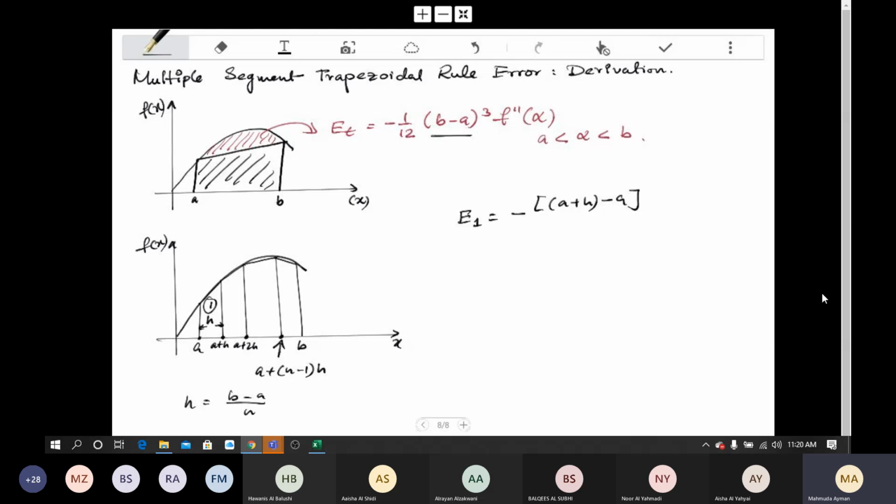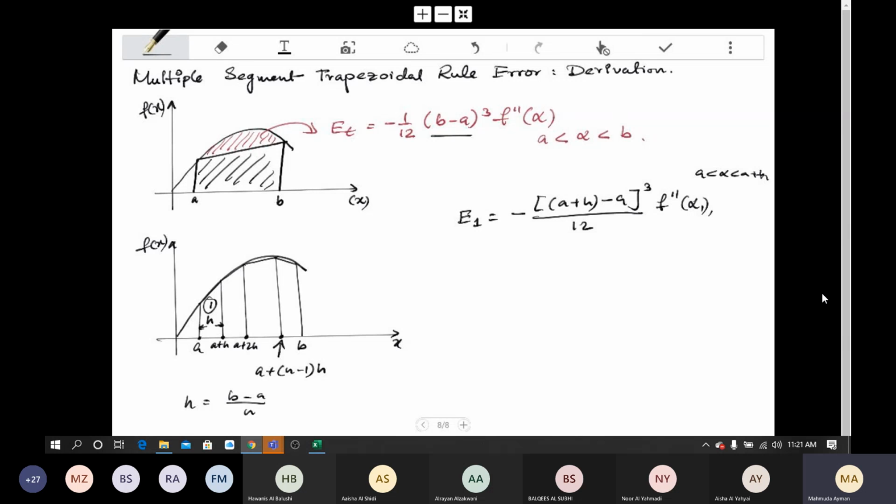So this is the upper limit and the lower limit of this particular trapezoid 1, and this is cubed divided by 12. I'm just following the formula of the single trapezoid error times the second derivative at alpha 1, where alpha 1 is a value that is between a and a plus h.